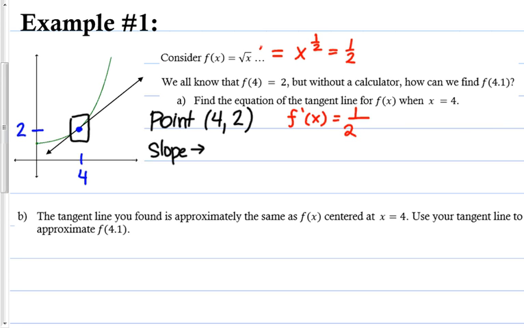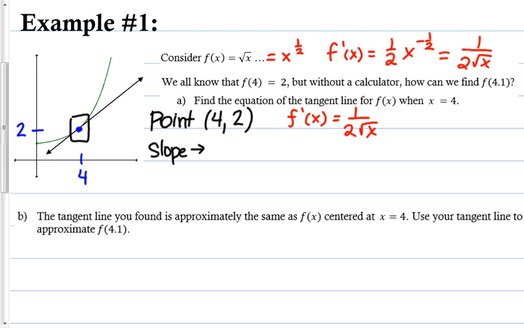This is x to the 1/2 power. If I derive this, I bring the 1/2 to the front, x, and then negative 1/2. But it would be a lot better if I wrote that as 1 over 2 square root of x. Okay, that's what I wanted to do. So there's my derivative.